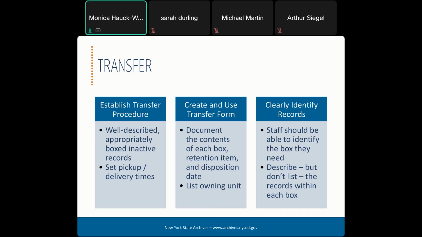For example, if you have a case file and it takes multiple boxes to store the single case file, you should list the case number on each of the boxes and the types of record in each box. So instead of having to pull all the boxes related to that case, staff can identify the one box that contains the records they need and simply pull that box.